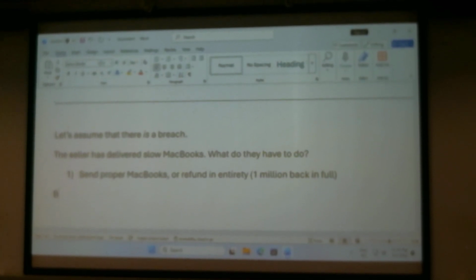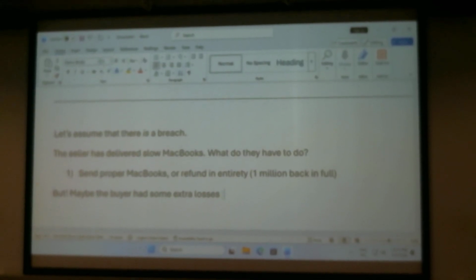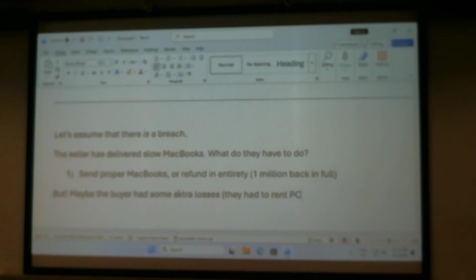But maybe the buyer had some extra losses. Say they had to rent PCs while waiting. Or they lost reputation or whatever, lost clients. The seller would have to cover that extra damage too.